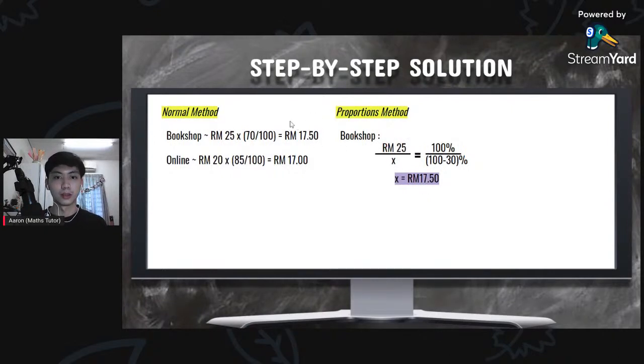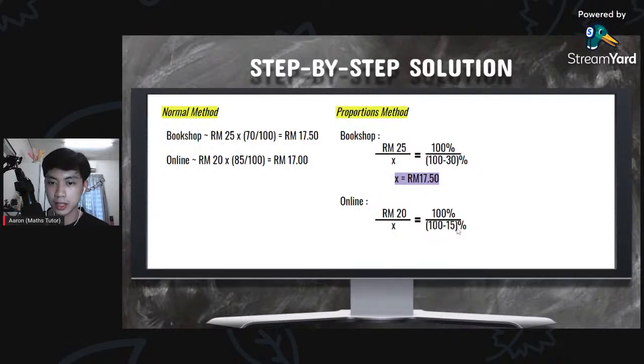If you don't believe, you can use a calculator or try it out. You get 17.5 for the X. So the answer is 17.5 ringgit for the bookstore. Whereas for the online part, you also use the same method. 20 ringgit over X, we don't know, equals to the original 100 over 100 minus 15%.